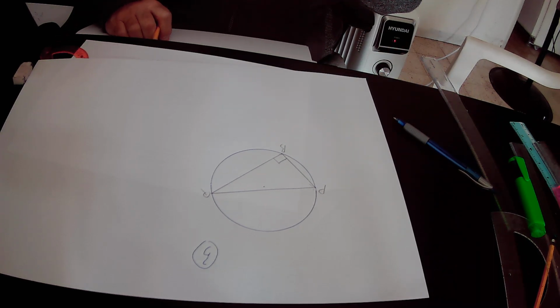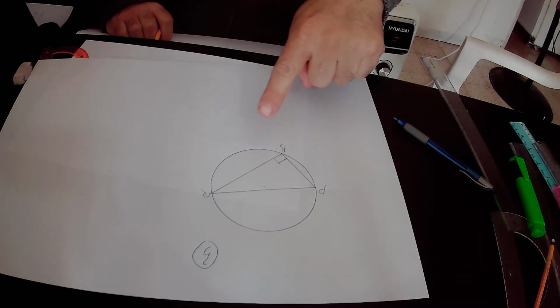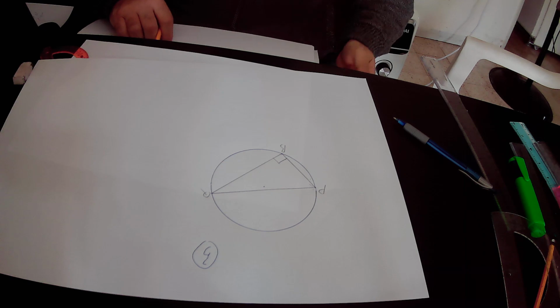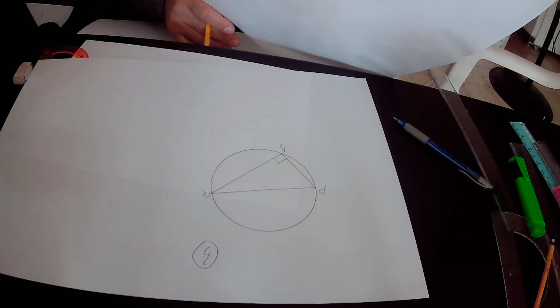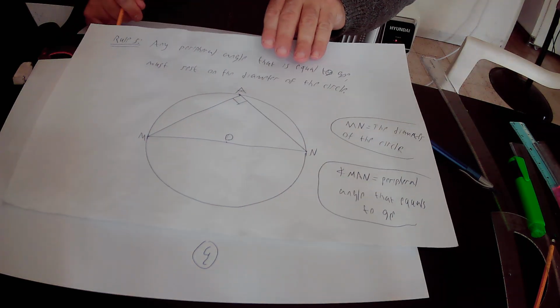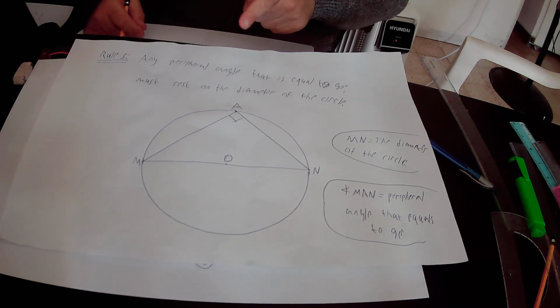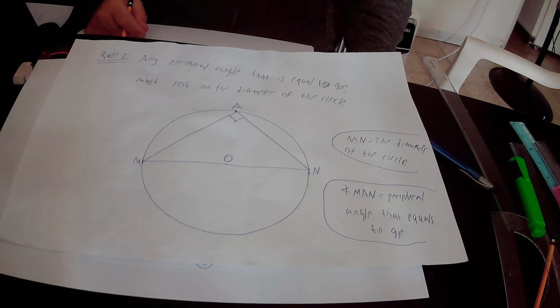So in the drawing we have peripheral angle PBQ that is equal to 90 degrees, and we have rule number 5 that relates to a peripheral angle that is equal to 90 degrees. According to rule number 5, any peripheral angle that is equal to 90 degrees must rest on the diameter of the circle. In the drawing we have a circle.